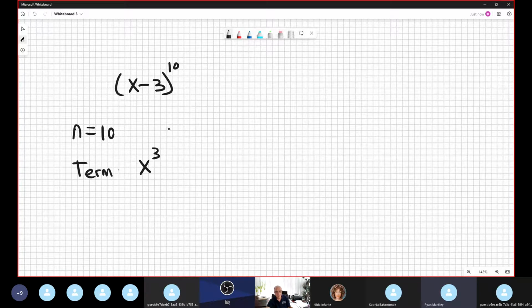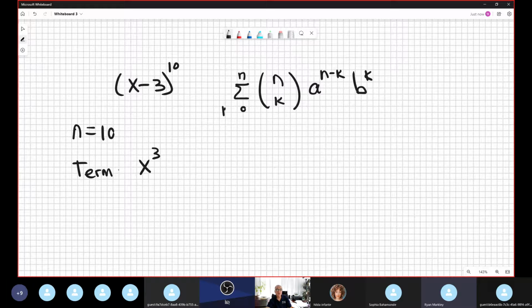You can, but no, because we have 11 terms. I use my formula. This is my formula: combinatory number, A to the n minus k, B to the k. I know it is a summation from 0 to n, and the index variable is k.